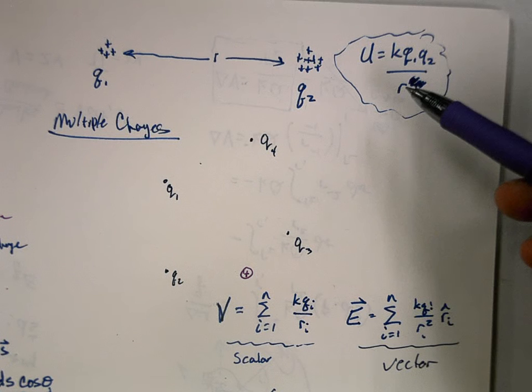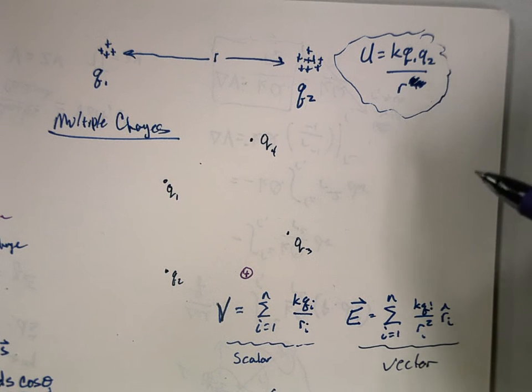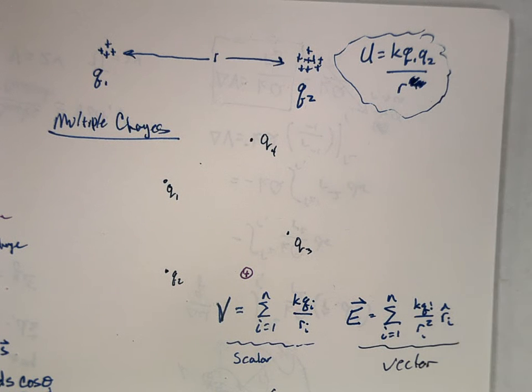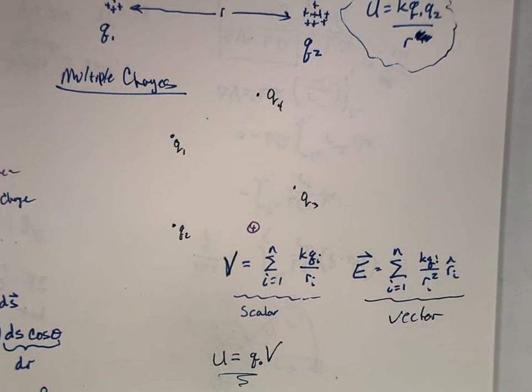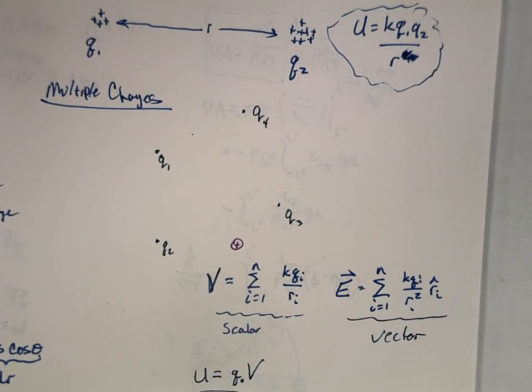So why are all the electric units in units per coulomb? Why is everything per coulomb? Because it's like joule per coulomb. Let's go back to a gravitational model just for a sec.